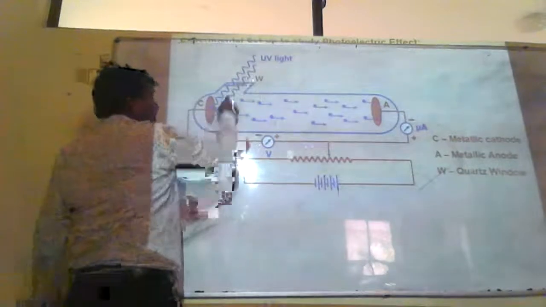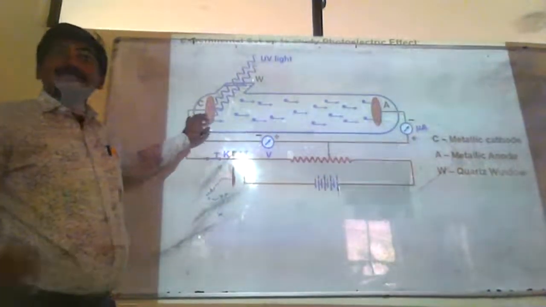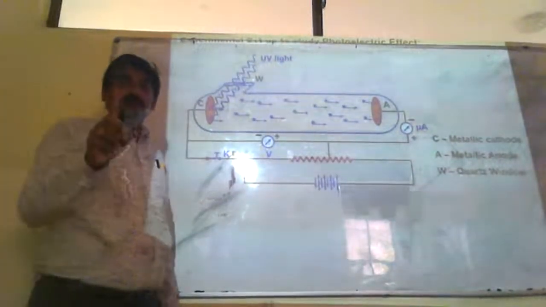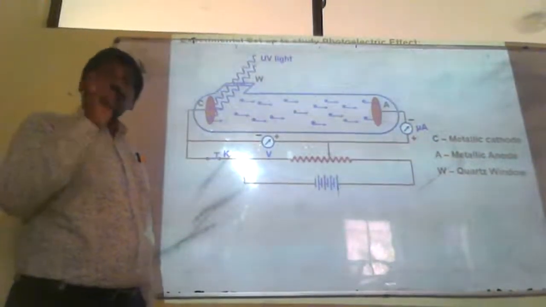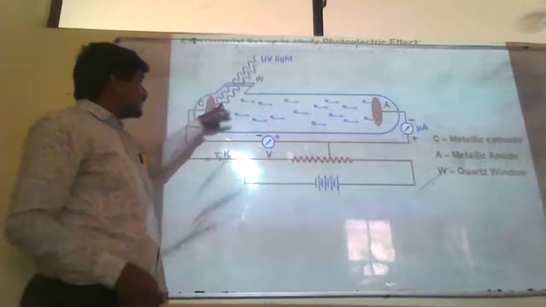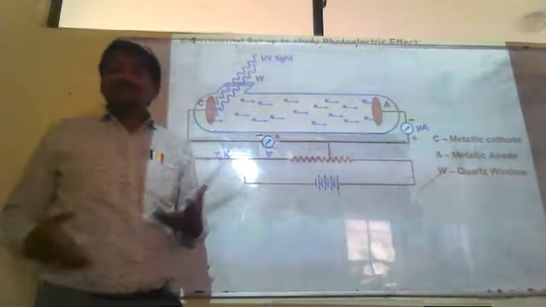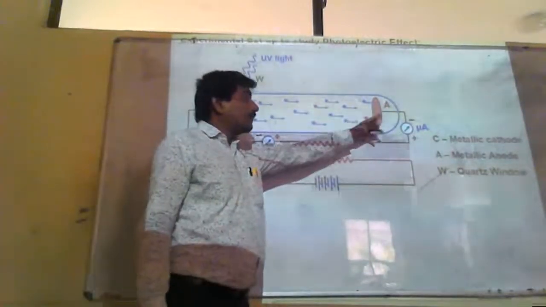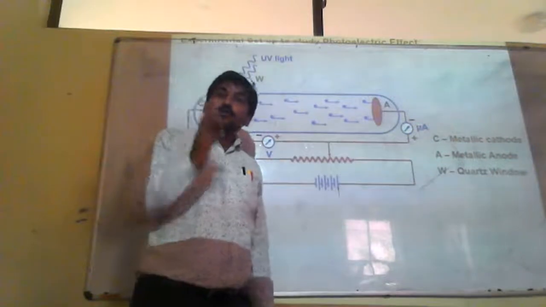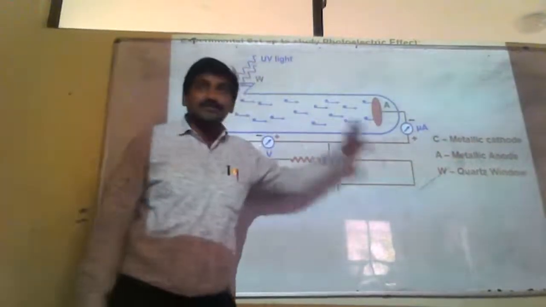From the UV light source, when suitable light is incident on the metallic plate, the cathode, which has the negative potential, electrons are emitted. Remember, the negative potential emits the electrons since it has more negative charge. So when light of suitable frequency is incident, the electrons move towards the anode. Since the anode is the positive terminal, it has positive potential and automatically attracts the electrons, right? Therefore, electrons move towards the anode.